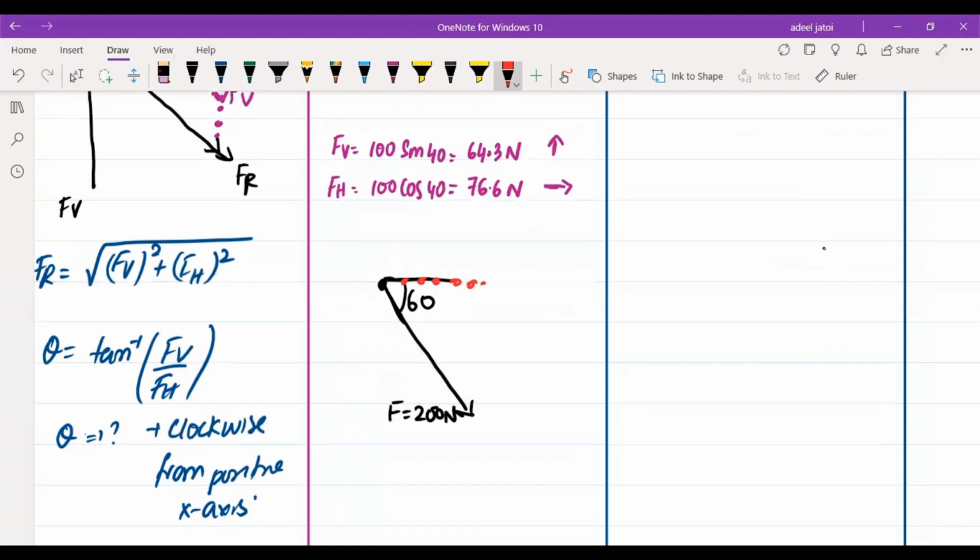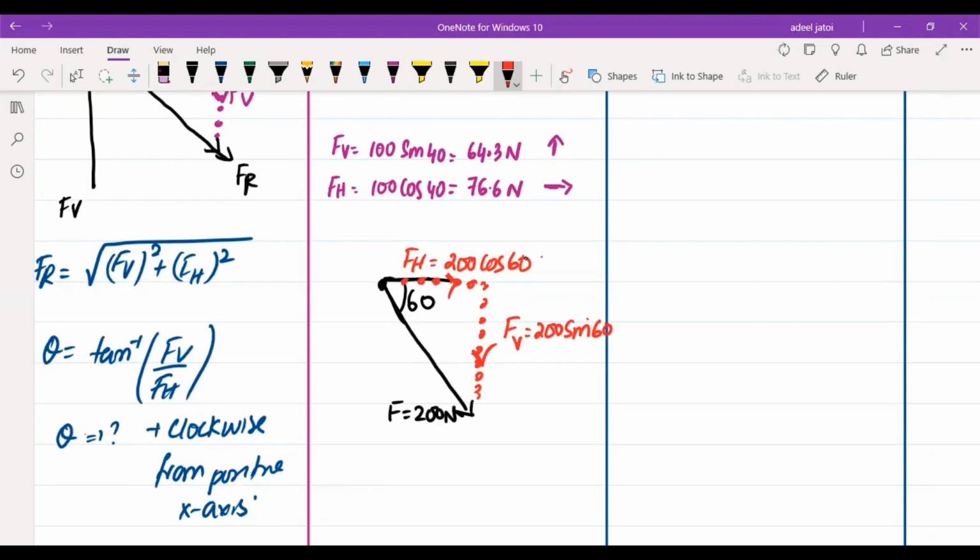This becomes your horizontal force, this becomes your vertical force, horizontally on the right, vertically downwards. FV will be 200 sine 60, and FH will be 200 cos 60.